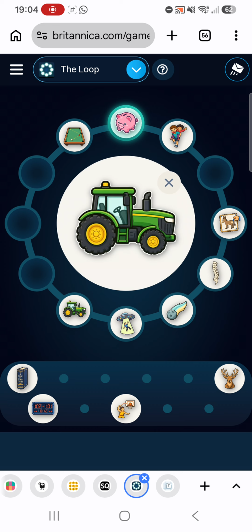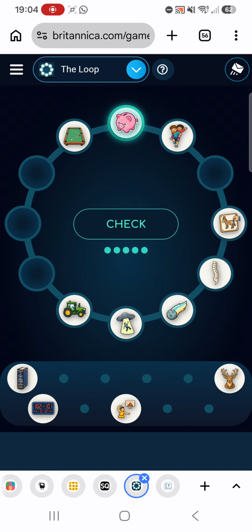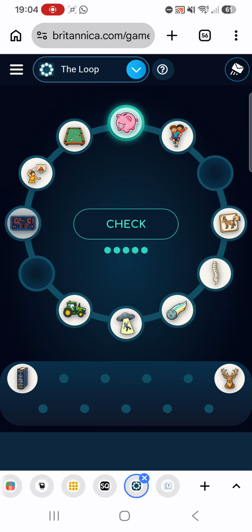I mean, I'm pretty confident about the connections that I've got so far, but how the rest are going to link, I've got no idea. So we're going to have to start making some guesses. You can see in the middle we've got 5 lives. That's what those dots represent. Let's put that there because it's sports related. That is a scoreboard, so I don't know.